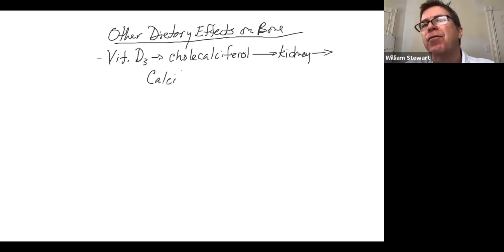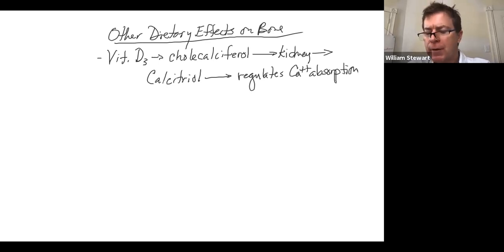That's the active form of vitamin D. Calcitriol then regulates calcium absorption in the small intestine, along with parathyroid hormone. So sunlight on our skin is good for our bones because it enhances calcium absorption in the small intestine.